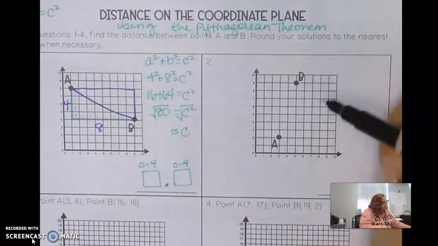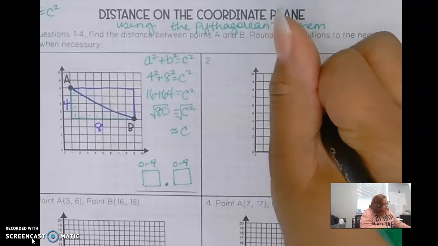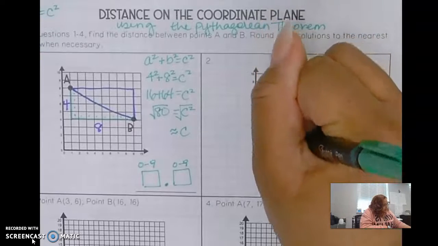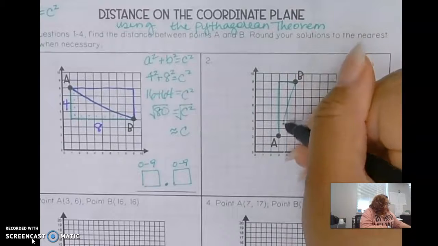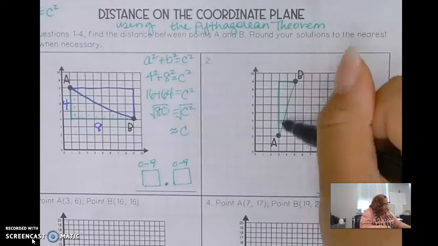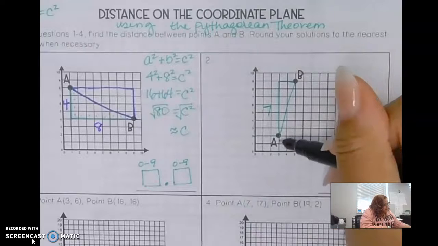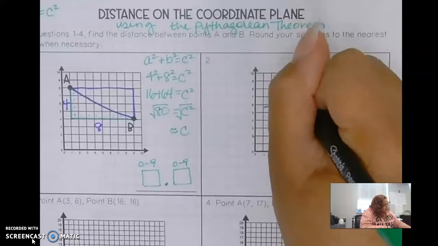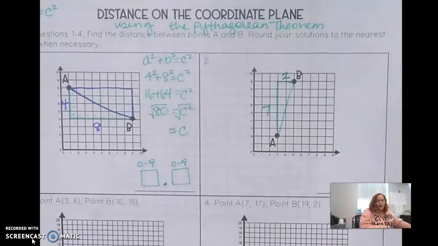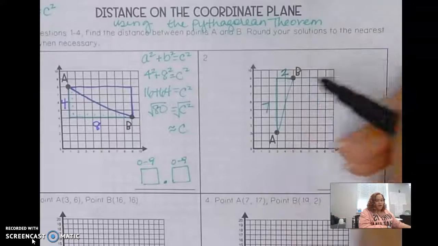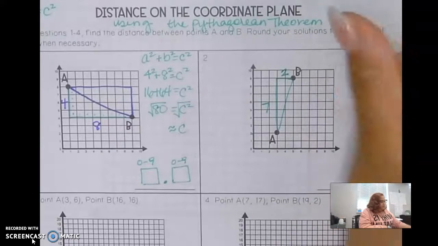Okay. For number 2, I'm going to draw my short leg and then my long leg and connect them. Then I will count the units from 2 to 9, that's 7 units. And from 3 to 5, that's 2 units. That's another way I can figure out how far apart or how long the legs are. And then I'll use the Pythagorean theorem.